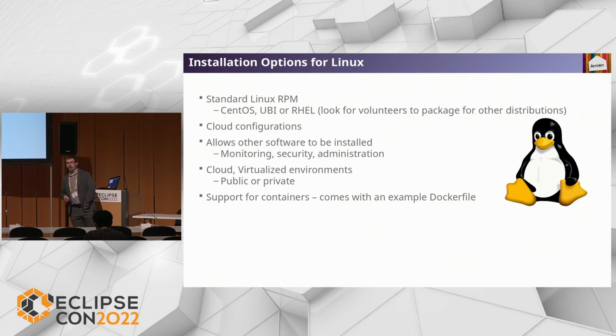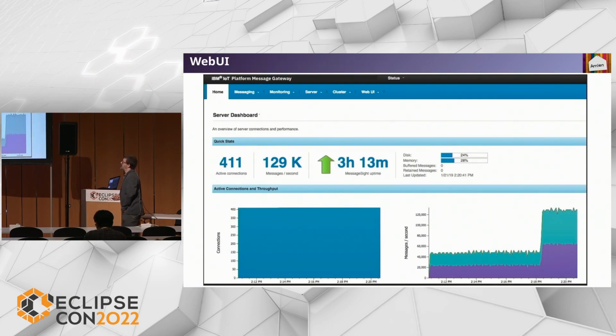So we've talked about Amlen as a broker, but there are other components to Amlen. There is a web UI where you can see how the server component is performing. You can monitor it. You can drill down and see what subscriptions and how many messages each subscriber is receiving, that kind of thing.